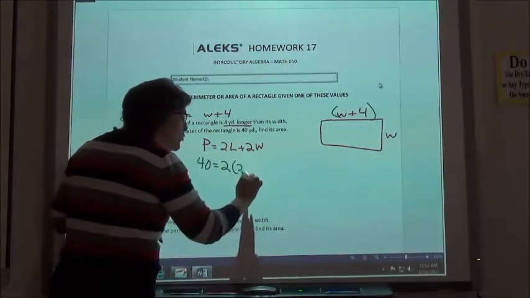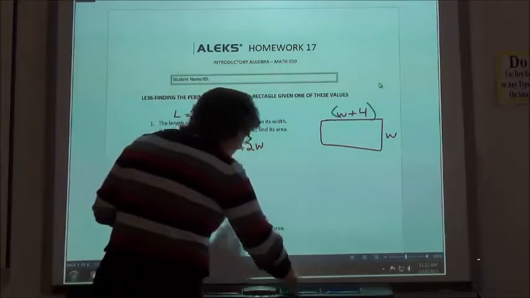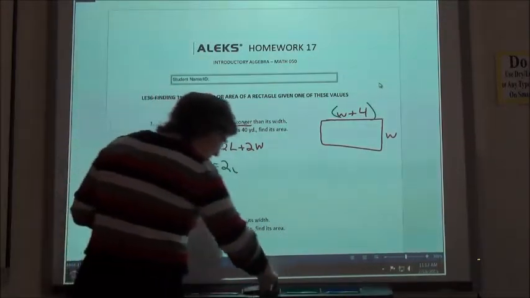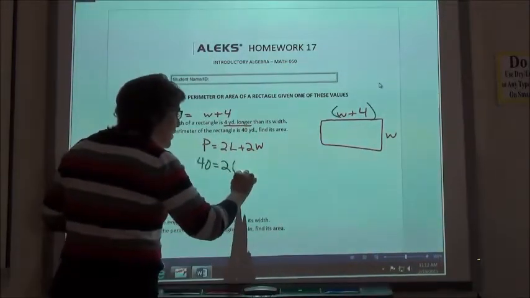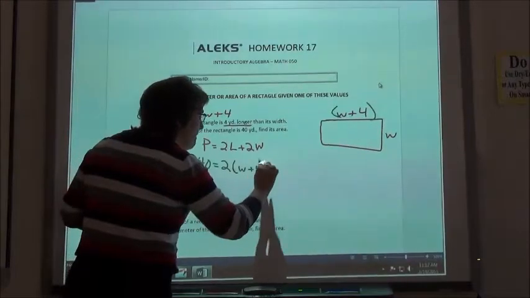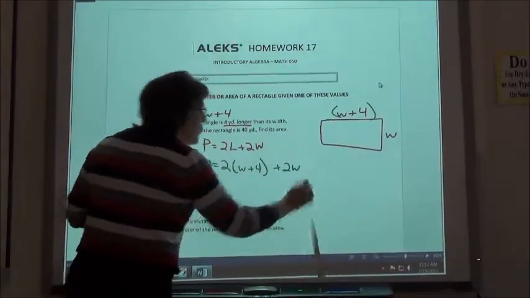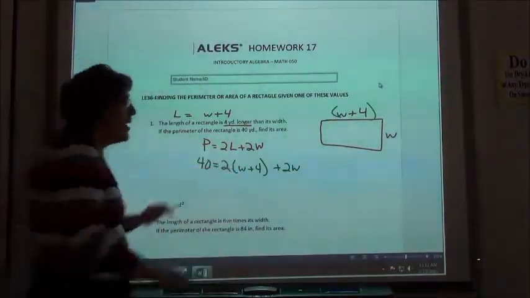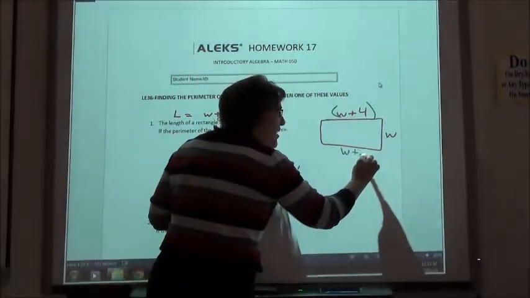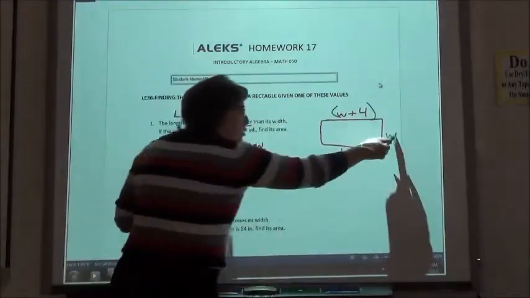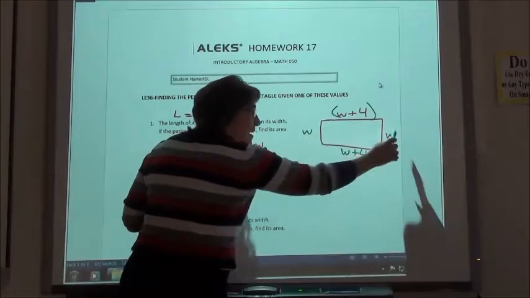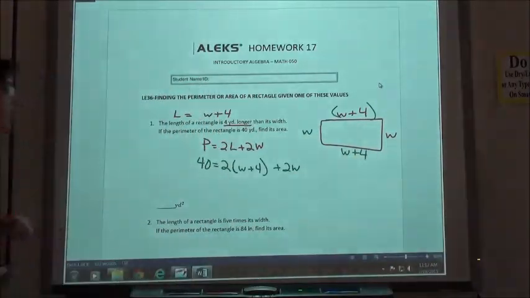So we're going to say 2 times our W plus 4, plus that 2W we already had. 2 times W plus 4 because both of these are W plus 4, and then 2W because we have this side that's W and this side that's W.